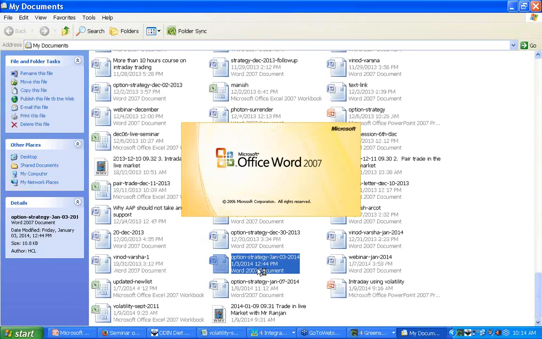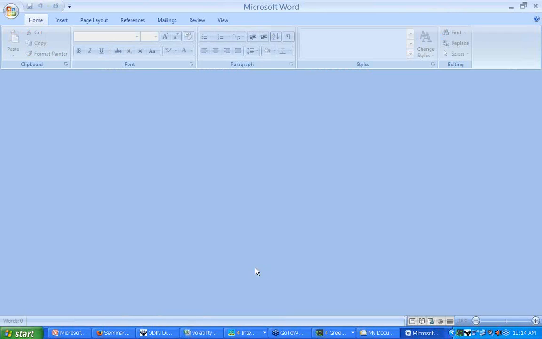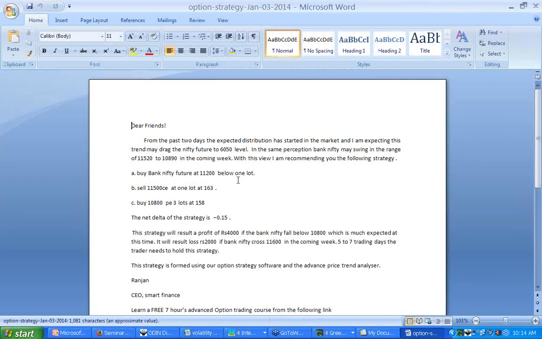Here is one strategy I have given on January 3rd: Bank Nifty future selling at 11,500 call option.